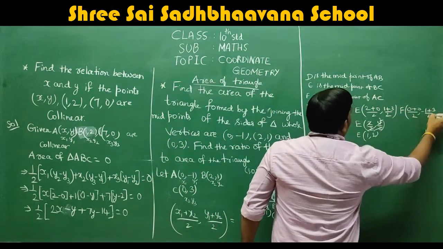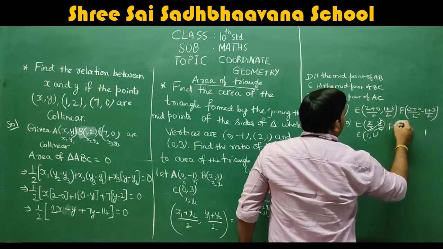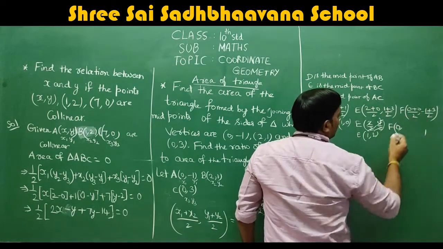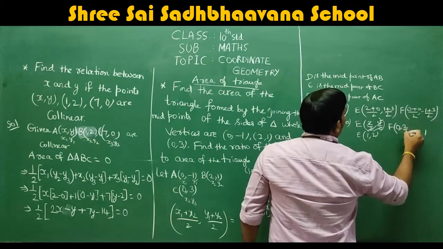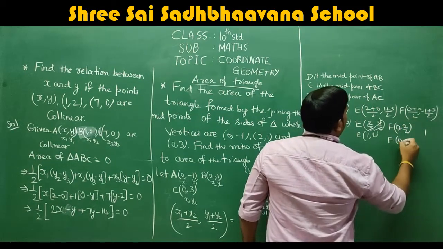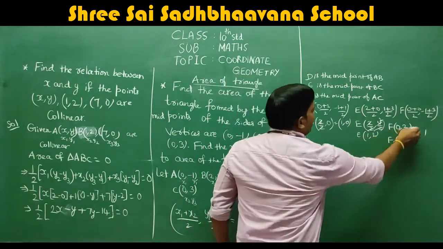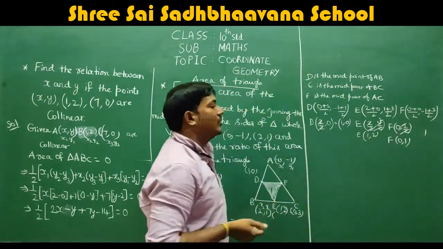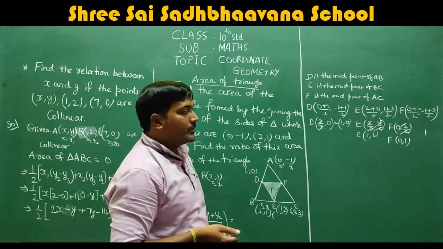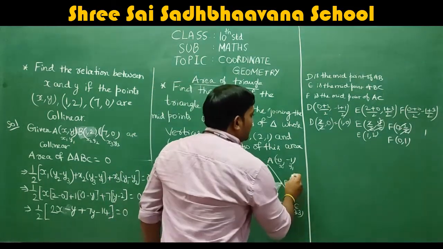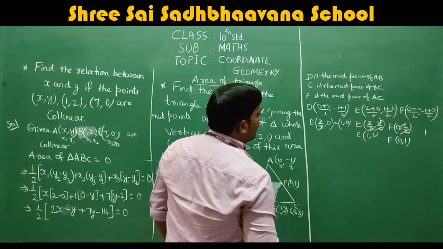What is minus 1 plus 3 by 2? 0 plus 0 is 0, and minus 1 plus 3 is 2. So 2 by 2, which is F will be 0 comma 1. Got it? So 2 and 2 will get cancelled, and you will get 0 comma 1. Okay, so now we got F also, which is 0 comma 1.